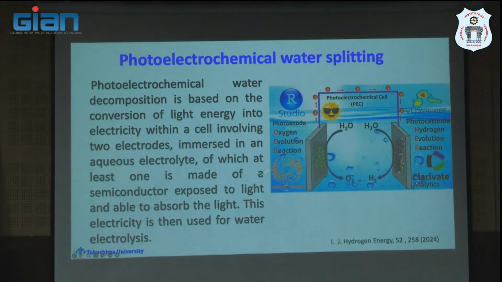But if you use nickel also, the price will be high. The price should not be very high as compared to gasoline or petrol. So that's why we ask whether we can replace this working electrode with some kind of semiconductor material so that the cost of this device will be less.